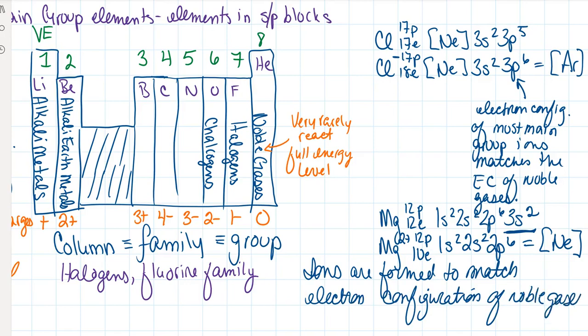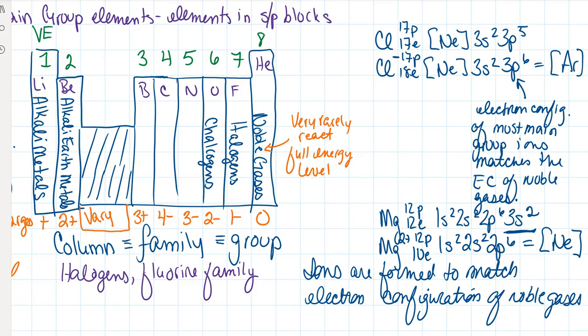And that's why we observe these charges that we do inside of the main groups. We'll talk in an upcoming video a little bit later about why, when we take a look at the transition metals, we'll see that the charges can vary inside the d and f blocks of our elements.